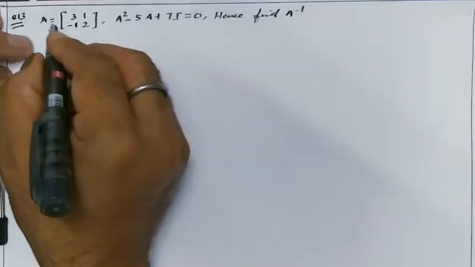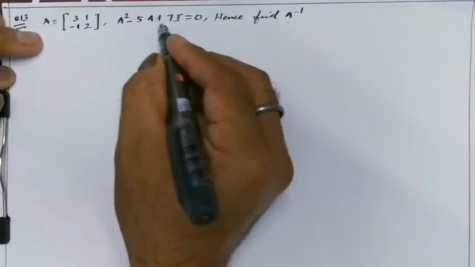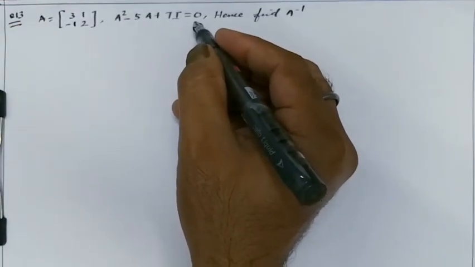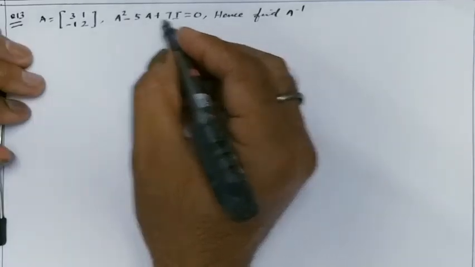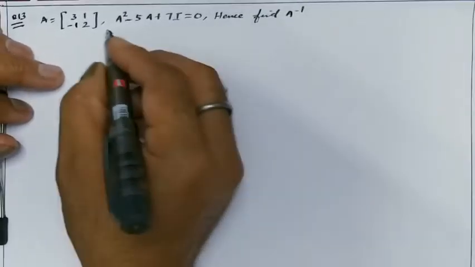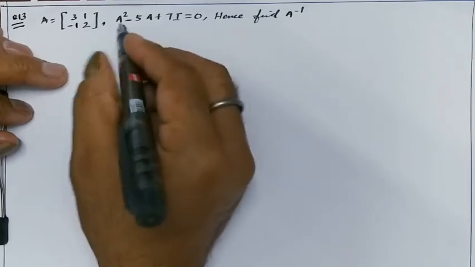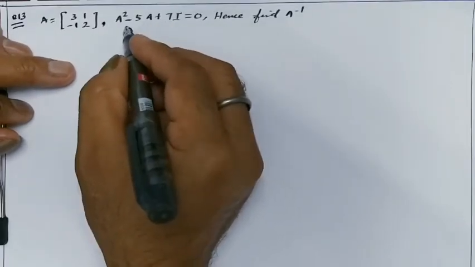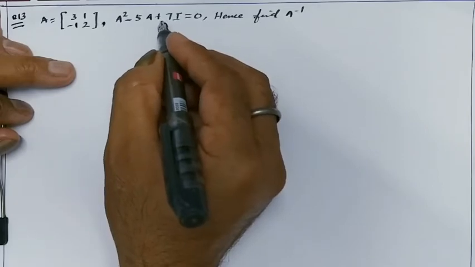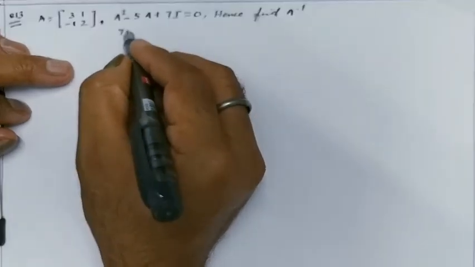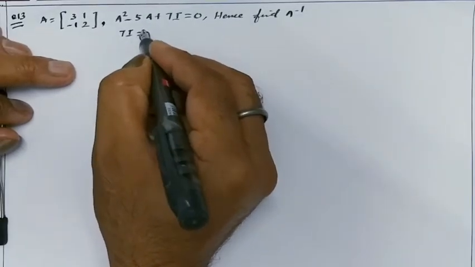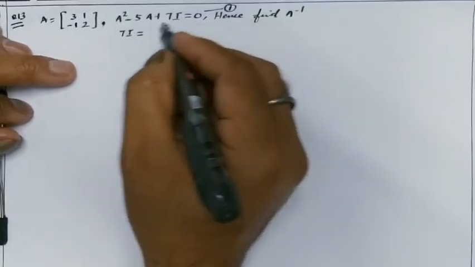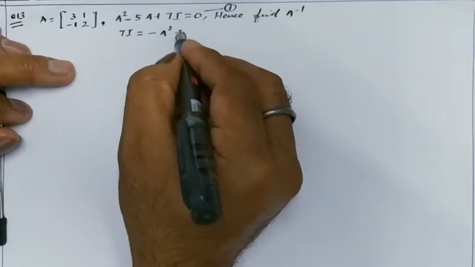this by putting the value of matrix A into this, we have to find the inverse of this matrix. So this question is a little tricky. First of all, let us give it number 1: 7I is equal to minus A square plus 5A.